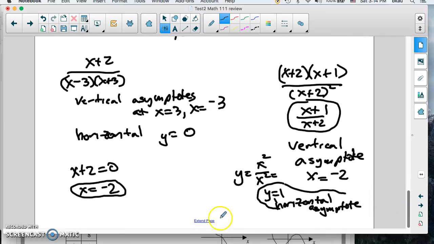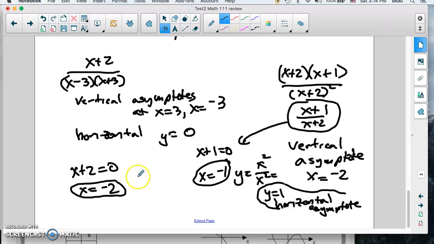So we just take the reduced form here and we look at the numerator. So x plus 1 equals 0. So its 0 is at negative 1. The other one is undefined as it was reduced out. So there's the zeros of both functions, 31 and 32.